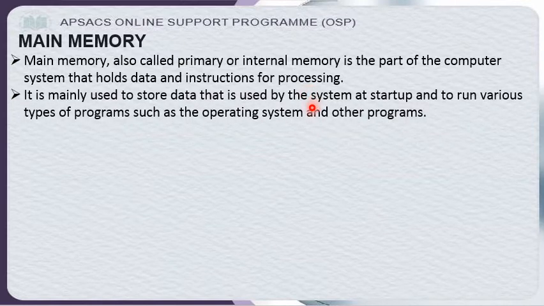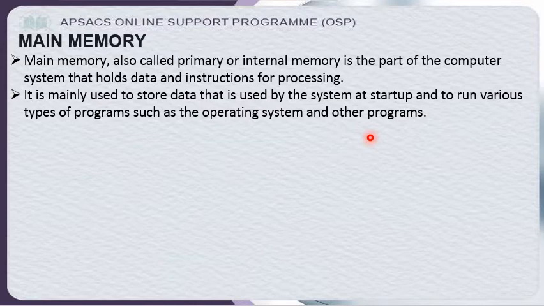Main memory is used to store data that is used by a system at startup, or to run various types of programs such as the operating system and other programs. So why do we use main memory? Main memory is utilized for turning on your computer, at startup. When you turn on your computer, what is loaded inside it?